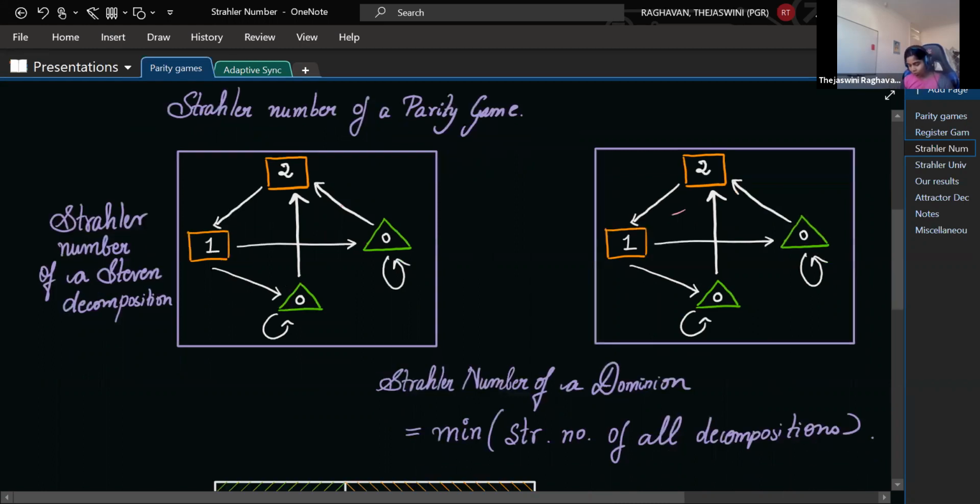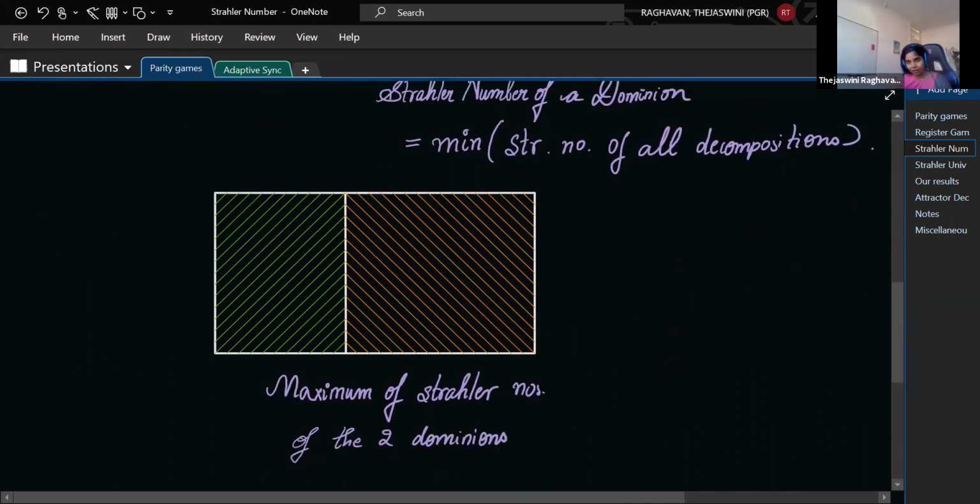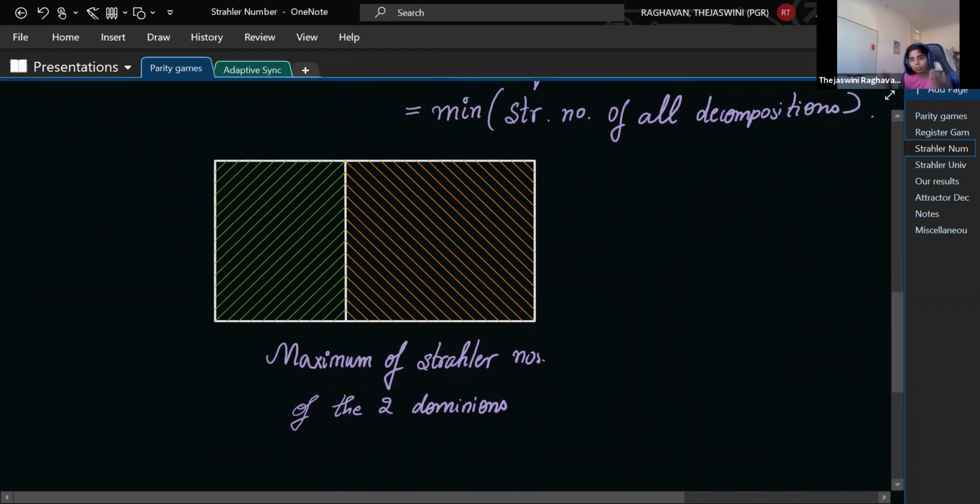So you take the min of the Strahler number of all possible decomposition trees for each player, and then you take the max over both the players to define the Strahler number of a parity game. So if this is confusing, you can just imagine that this is the Strahler number of a decomposition, but this comes with a caveat is all I would like to say.